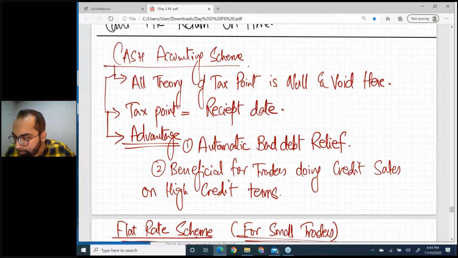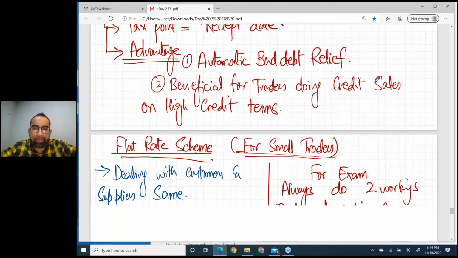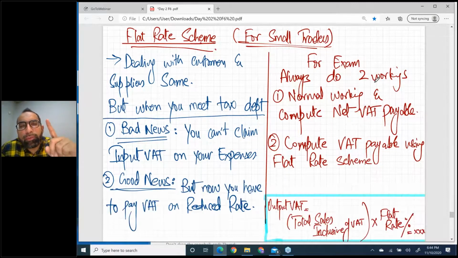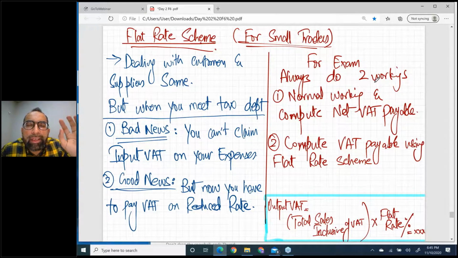Now, one thing I forgot to tell you, for the cash accounting scheme, the limits of 1.35 million and 1.6 million are the same. So the limits for the cash accounting scheme and the annual accounting scheme are exactly the same.